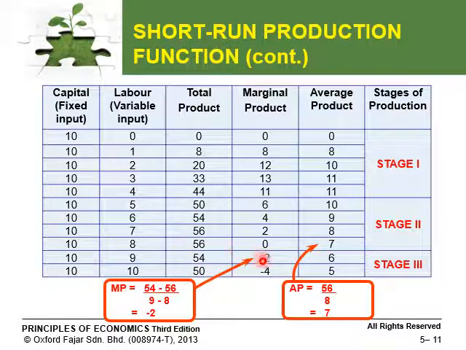Then you get the additional change in production, which is -2. It shows that it decreased by 2 because of the law of diminishing returns. How about the average product? It is the total product divided by the number of labor, the variable input, to know how much production every labor produces. It shows that one labor produces 7 output.